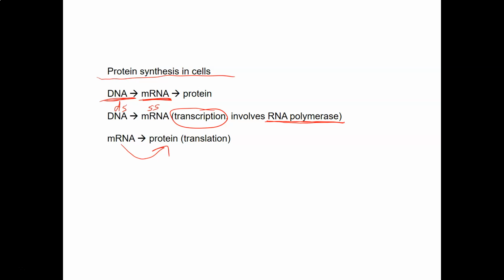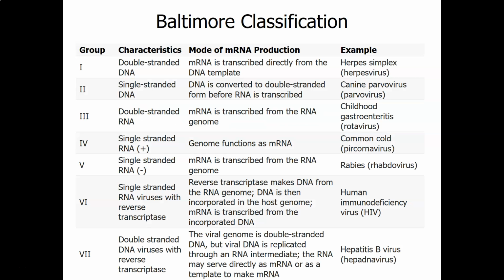So messenger RNA has the code for each amino acid, and that is called translation, when the messenger RNA codes for the actual protein. So we know that viruses have to make proteins, and so the Baltimore classification focuses on the mode of messenger RNA production, or in other words, it focuses on the process of transcription.